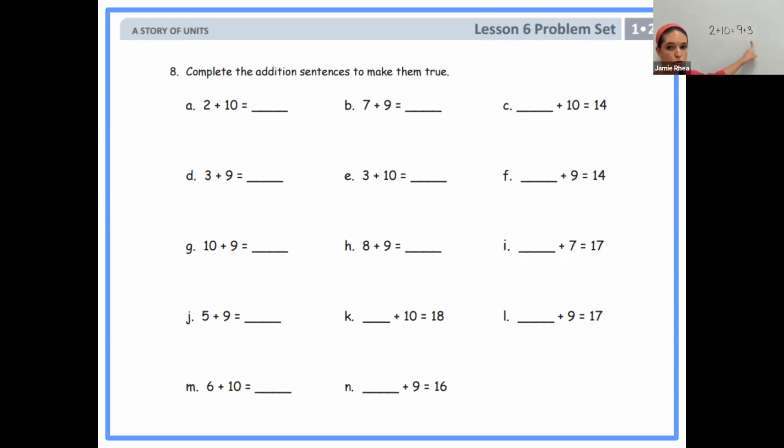Okay, that is a true addition sentence. It doesn't want you to solve, it wants you to give the true addition sentence. So let's look at B. 7 plus 9 is equal to, what would my 10 fact be? 10 and 6. Okay. So make sure you are doing that one correctly, but you're only going to do 8H.